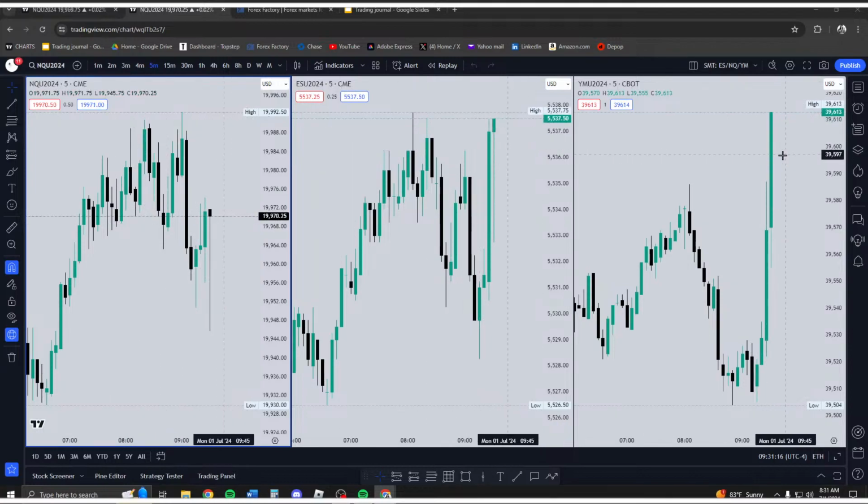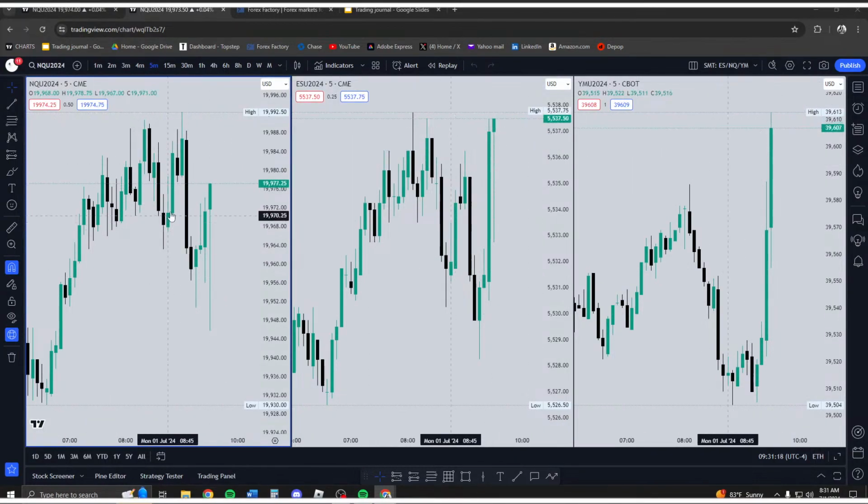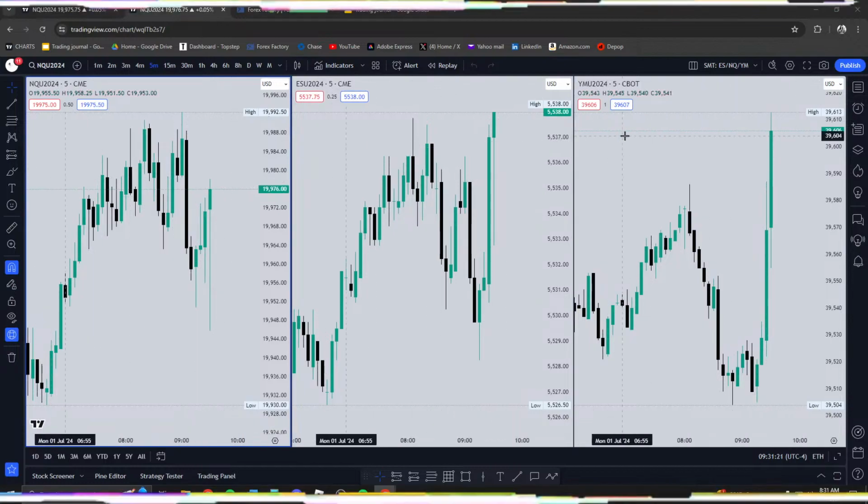So ES and YM are going higher, and NQ, like I said, is weaker, so it's gonna be a little bit weaker than ES.